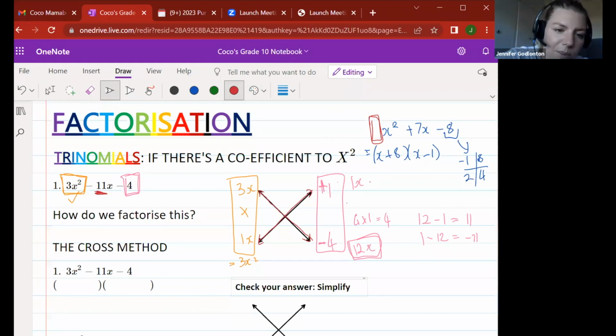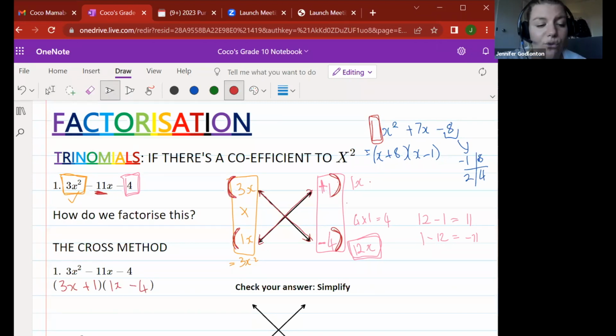The last step is whatever is in these first two, that makes up my first bracket, and whatever is in these bottom two, that makes up my second bracket. So my first bracket is going to be 3x plus 1, and my second bracket is going to be 1x minus 4. And if you're wanting to check that your answer is right, all you have to do is re-multiply it out to make sure you get to the correct answer.